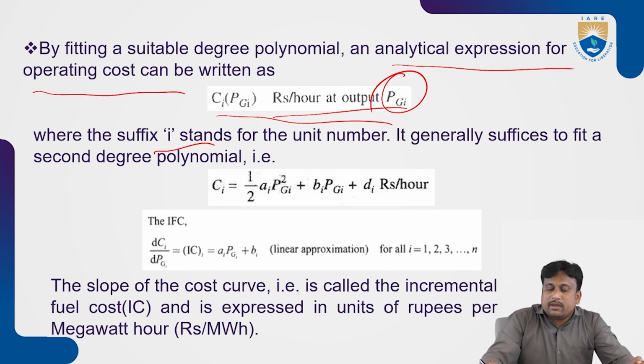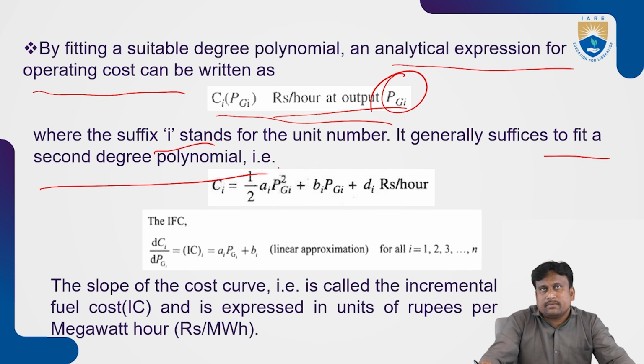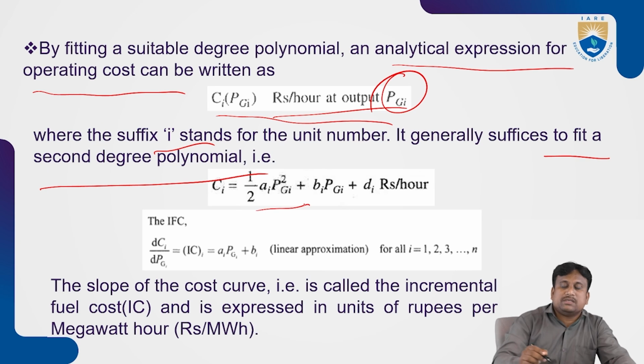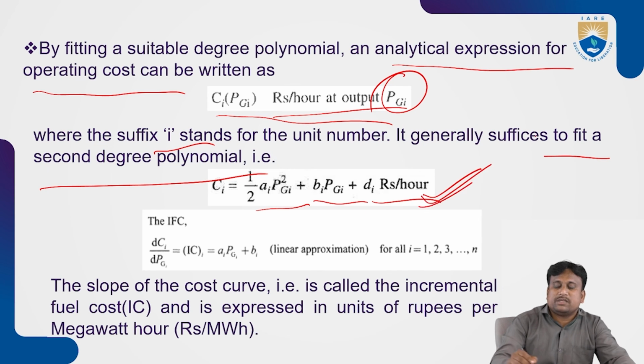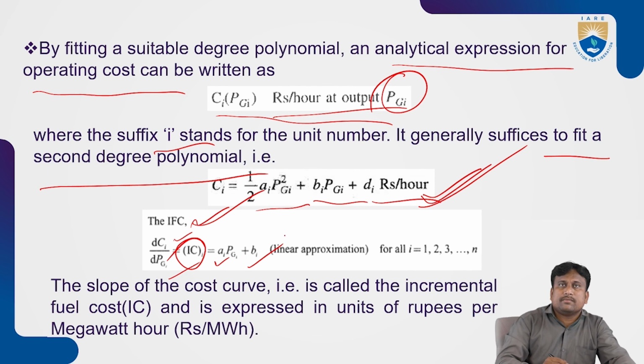Generally we fit a second degree polynomial, like 1 by 2 A PGi squared plus Bi PGi plus Di, expressed in rupees per hour. Then the incremental fuel cost is dCi by dPGi. This is the incremental cost with the variables A and B, which is called linear approximation.